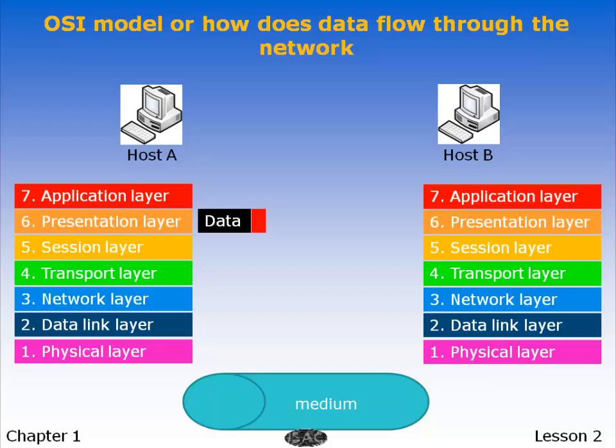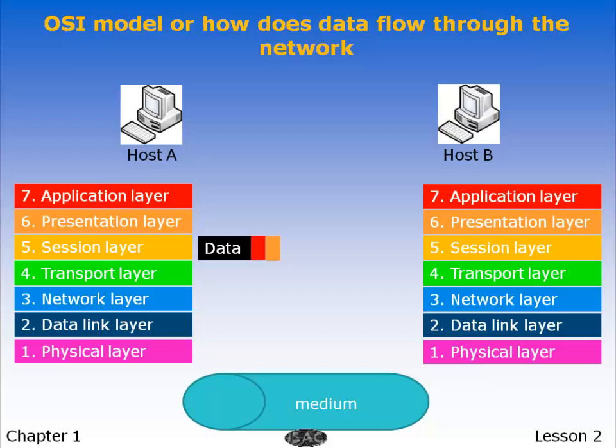The presentation layer considers the data with the application layer header as new data, and adds its own header to it. After that, the presentation layer sends it to the session layer.